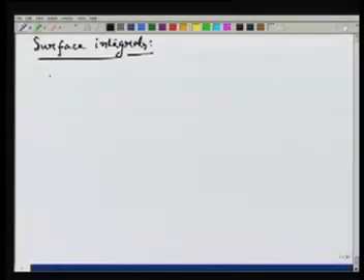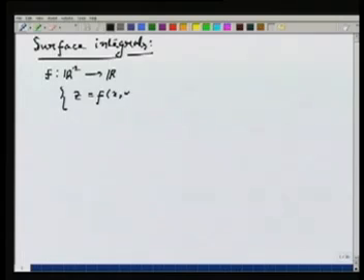What do we exactly mean by surfaces? Well, most of the surfaces which we encounter can occur as graphs of some function f from R2 to R. Let us look at the set z equals f of x, y, where x, y belongs to R2.